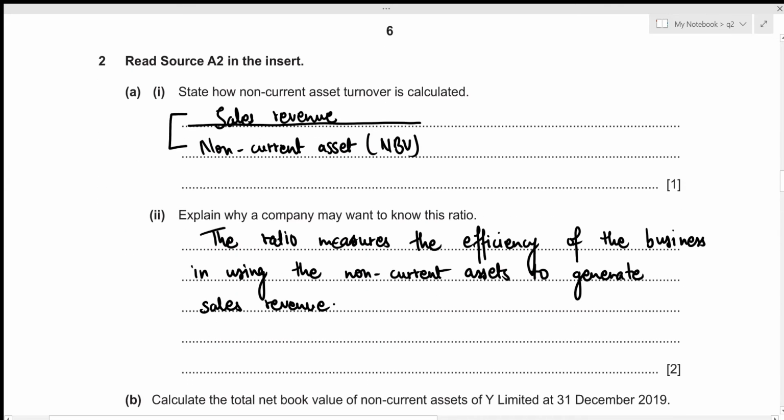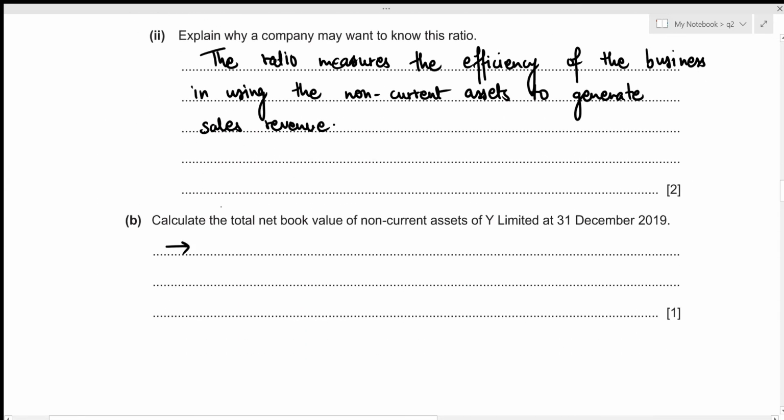Let's do that. So we know that the formula is sales revenue divided by the non-current asset, and we are given the sales revenue of the value 806,400. So we need to divide it by the non-current asset. And this is the net book value. And we are also told that the non-current asset turnover ratio is 2.10 times.